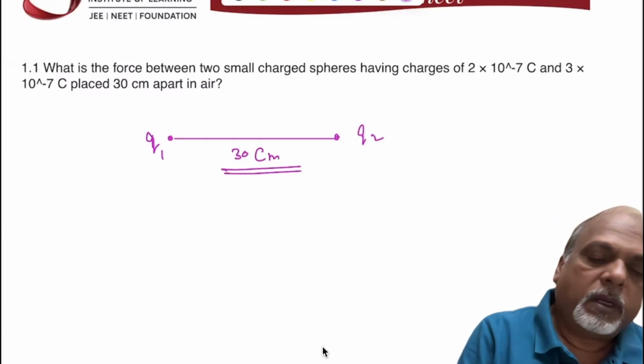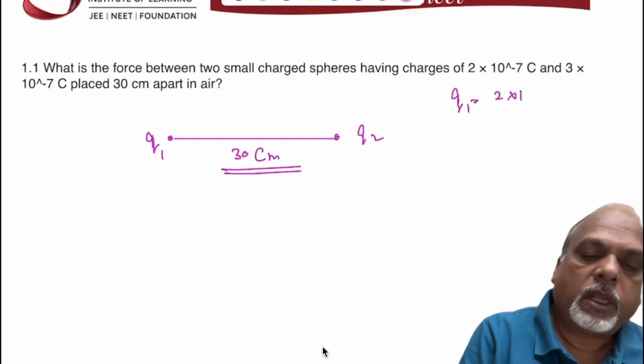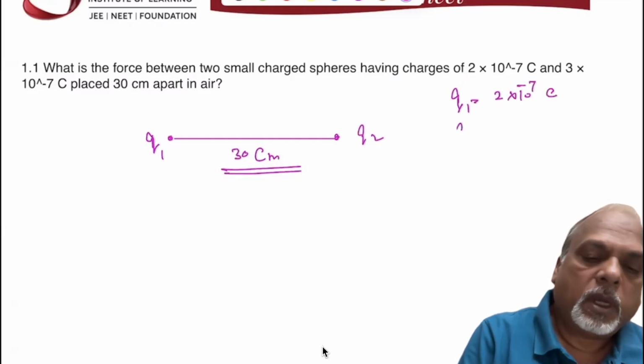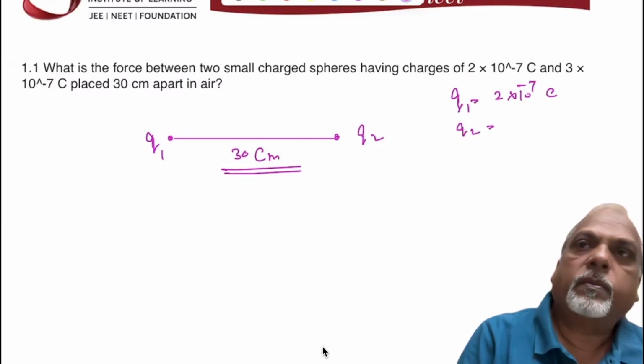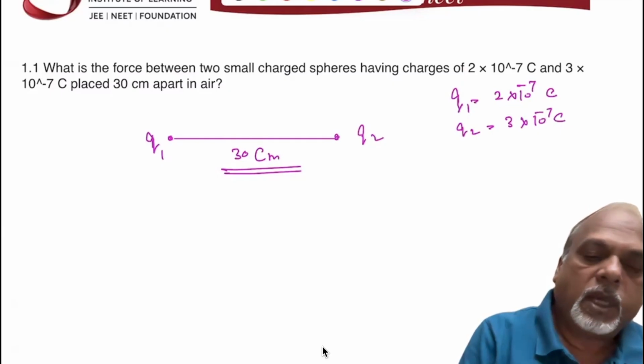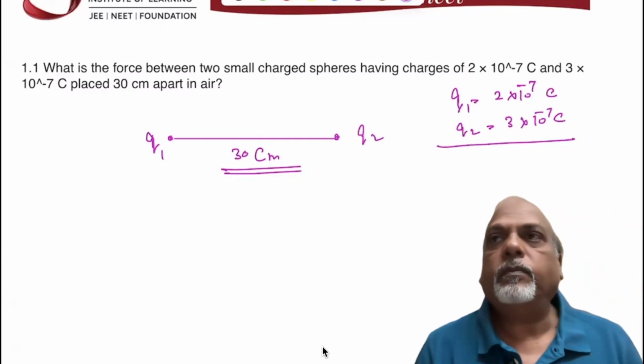We have been given Q1 is 2 into 10 raised to minus 7 coulomb and Q2 is 3 into 10 raised to minus 7 coulomb. So these charges are basically both positive charges.